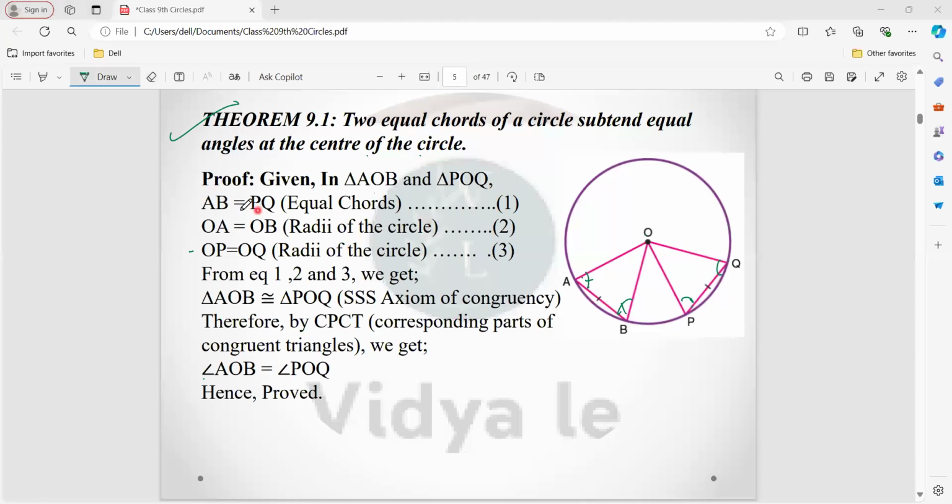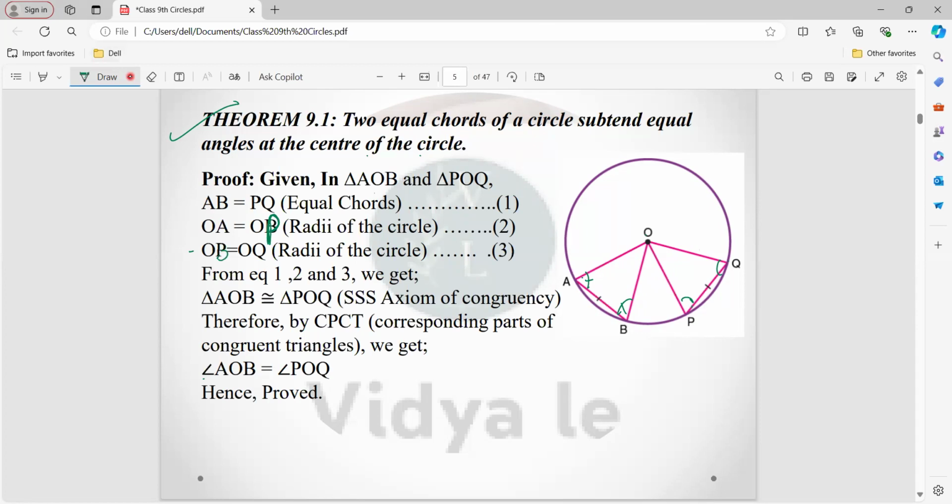Now, AB is equal to PQ, we have marked it as the first equation. Now the second one, we have OA is equal to OB, OP is equal to OQ. All these are equal. So herein we will write like this: OA is equal to OP, and OB is equal to OQ.